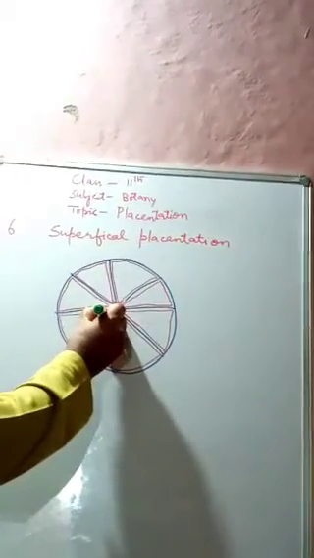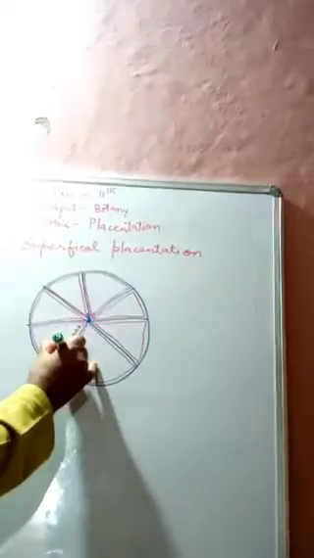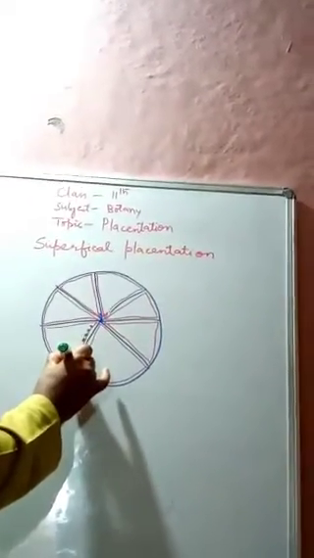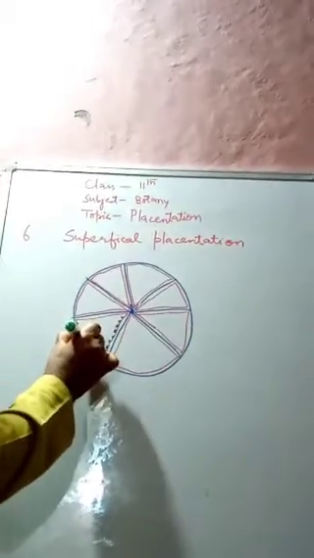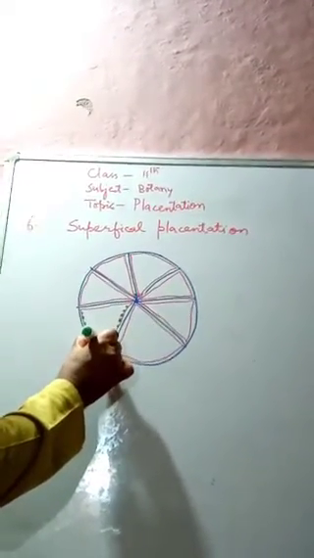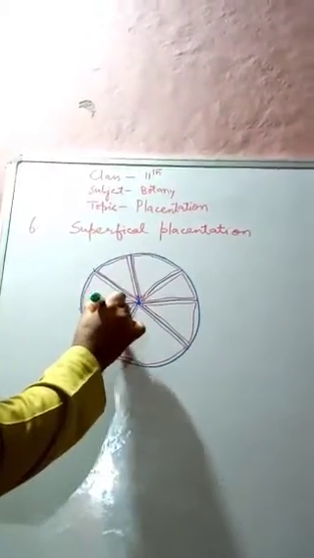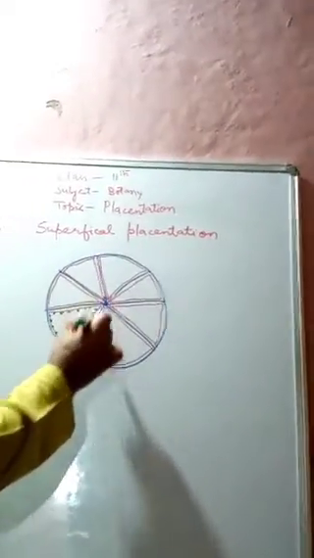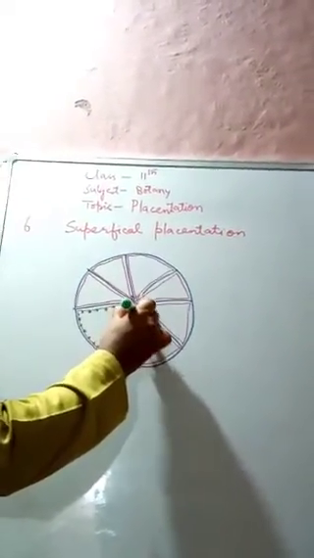These green dots which I have shown are the ovules, and it is these ovules from which the seeds develop. So we will find here the seeds, a placenta found here and there. Again, these green dot like structures are the ovules.